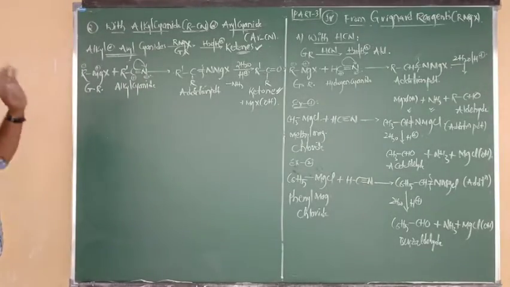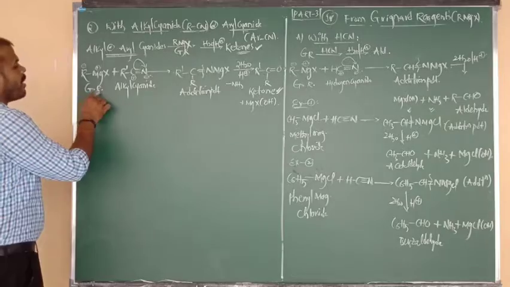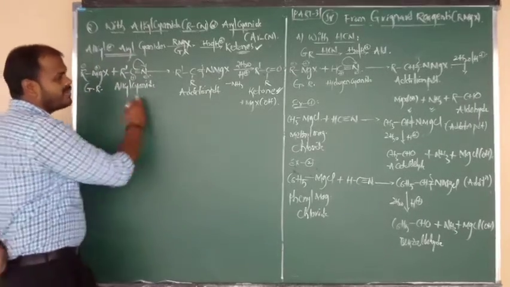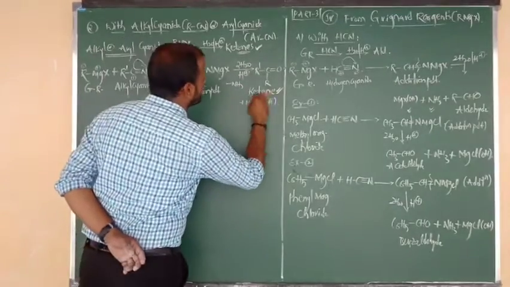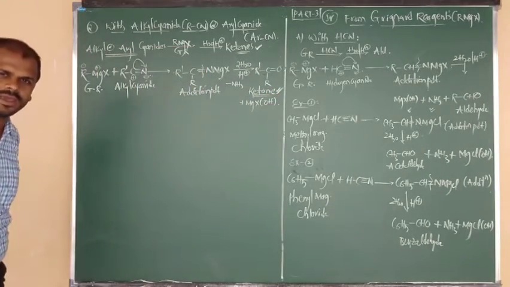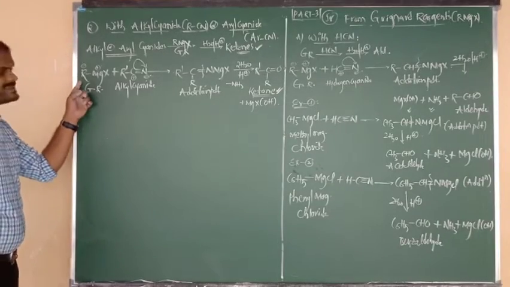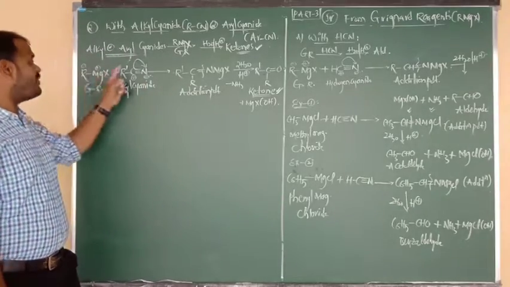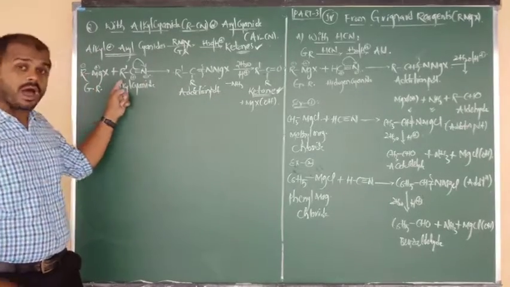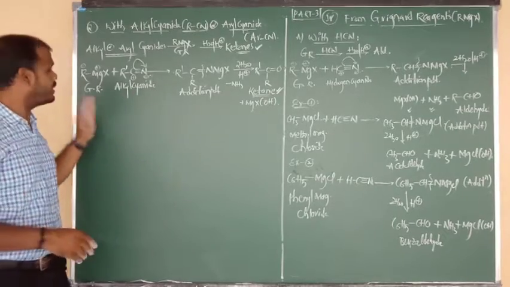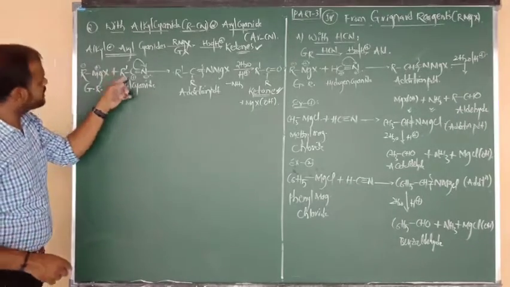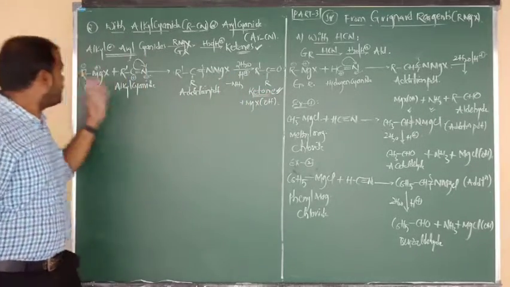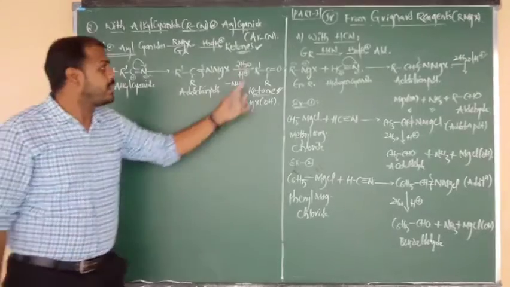Once again, the statement: Grignard reagent on reaction with alkyl or aryl cyanide, followed by hydrolysis, forms the product ketone. If R is replaced by CH3 on both sides, we get acetone. If one R is replaced by CH3 and the other by benzene, in any place as you wish, methyl and benzene, we get acetophenone. If both are replaced by benzene, we get benzophenone.